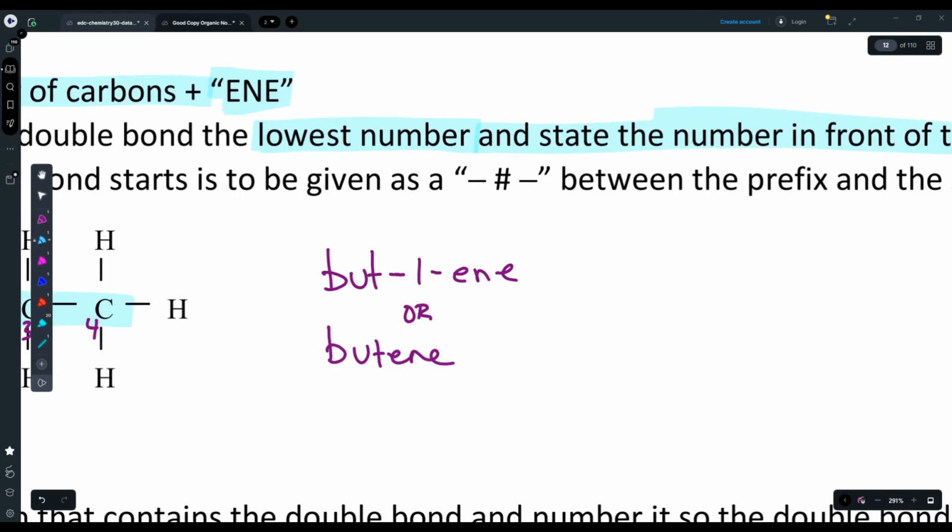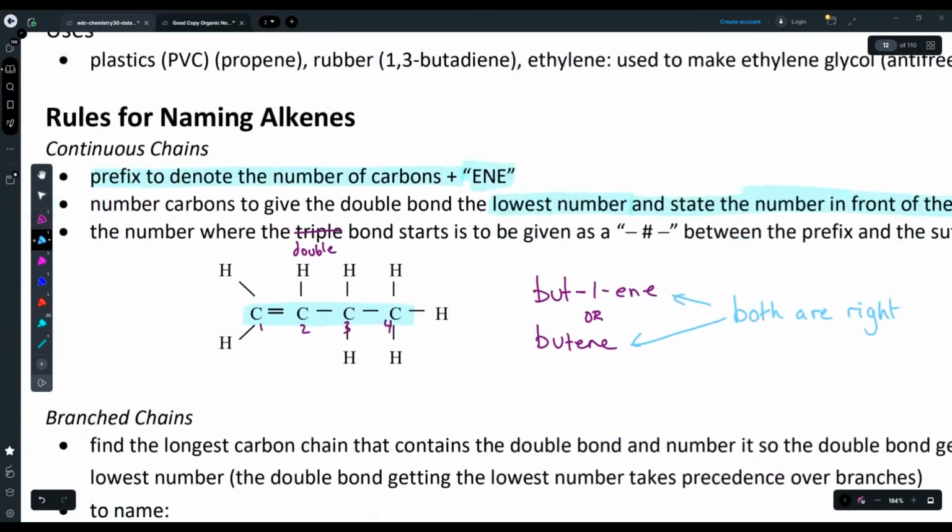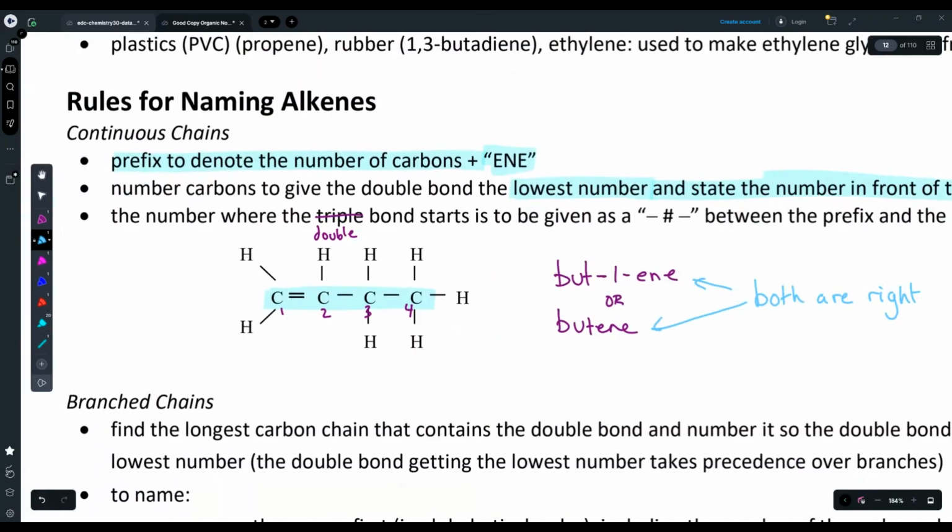Okay, so both of these are right. Just know that for double and triple bonds, if it's on the first carbon, you don't have to specify the number of carbon it starts on.